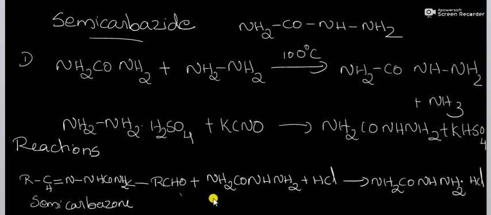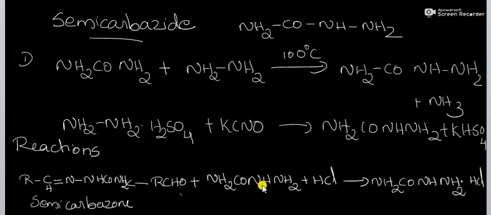Next are the chemical properties of semicarbazide. First one, its basic property. Semicarbazide forms salts with strong mineral acids. That is, semicarbazide reacts with HCl to form semicarbazide hydrochloride. And semicarbazide reacts with carbonyl compounds. For example, this is an aldehyde.